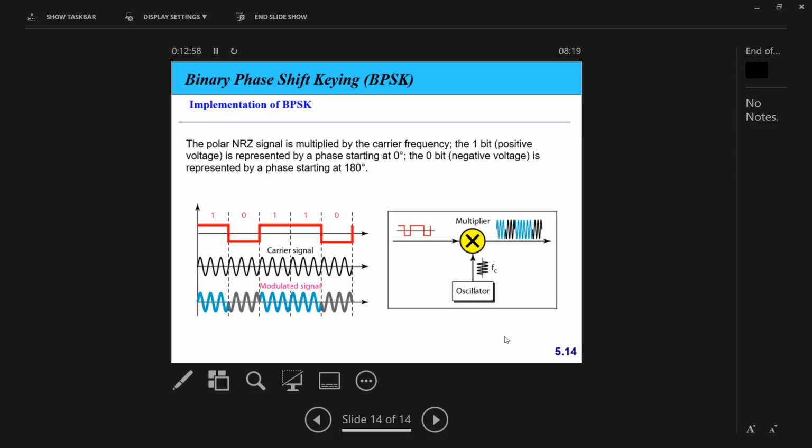Okay. So what is the disadvantage? Does it have only advantages or does it have a disadvantage? It solves the problems of amplitude shift key and frequency shift key. But does it add a new problem or a new challenge?